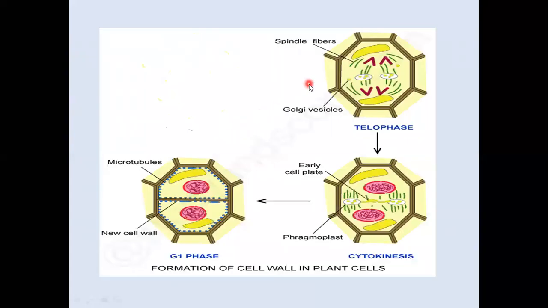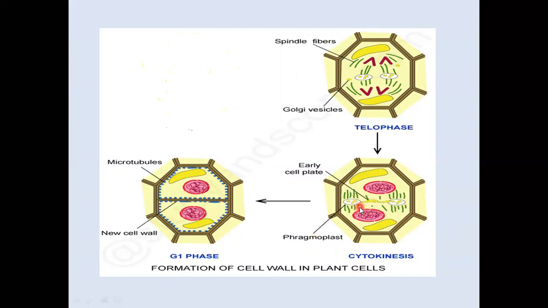You can see here, this is the telophase and these are the Golgi bodies and the endoplasmic reticulum elements. This is the cytokinesis. As cytokinesis starts, the phragmoplast, which is a microtubule structure, helps in cell plate formation.